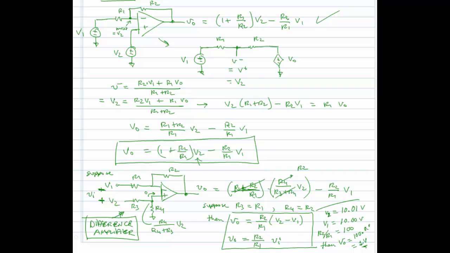So in this case, if we had 10.01 for V2 and 9.99 for V1, the voltage in common would be 10 volts. One would be 0.01 above it, one would be 0.01 below it, and the difference then would be 0.02. And when I amplify that, I would get 2 volts at the output. And that is a very useful circuit.